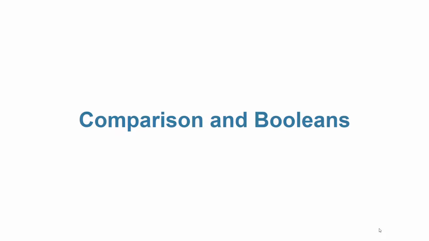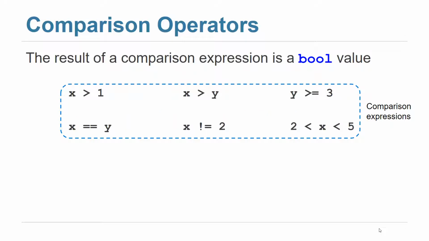So we'll start with comparison and booleans. So in Python, we can of course compare two values using the traditional logical operators like greater than or equal, and so on. Each of these expressions will give us a Boolean value. So that's as usual in programming.